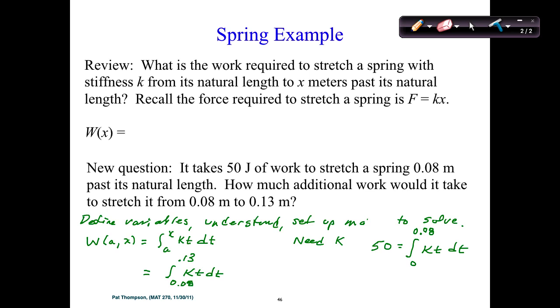There we go. For accumulated work by a spring, we have to use a net accumulation function because the force is always changing as you're pulling. That force times distance assumes a constant force. So if we need k, we've got to solve this.